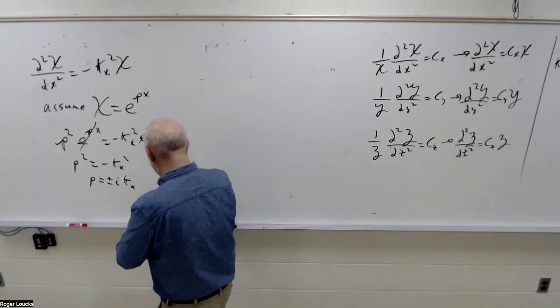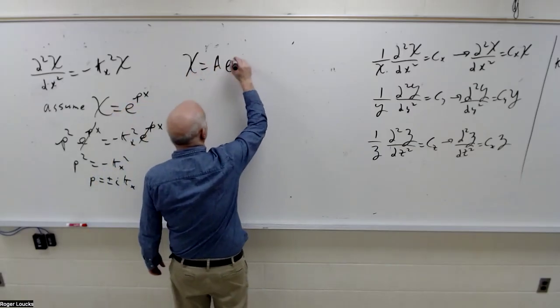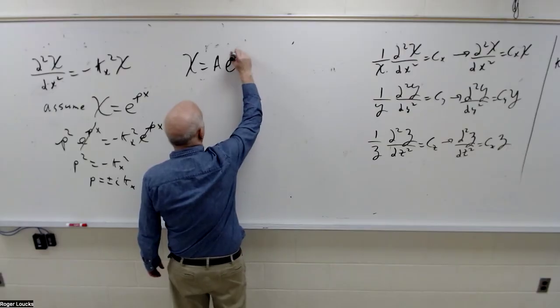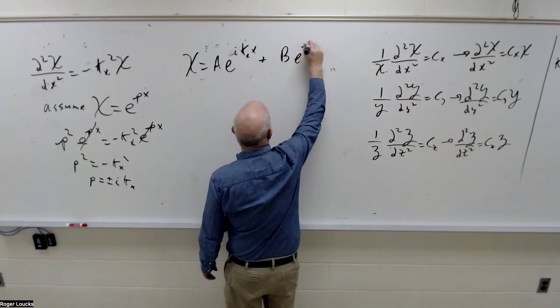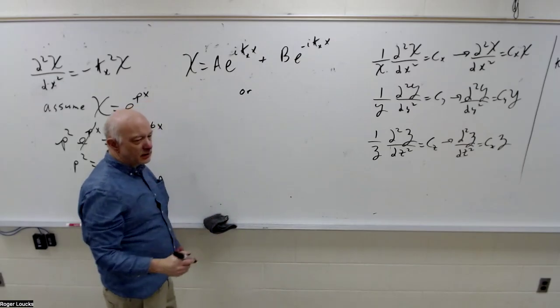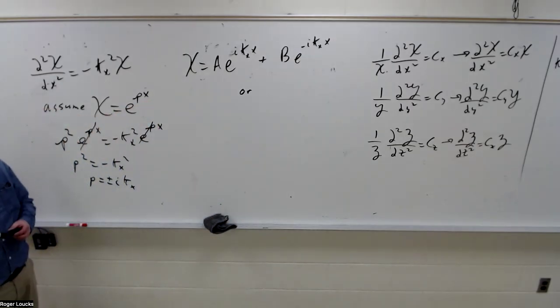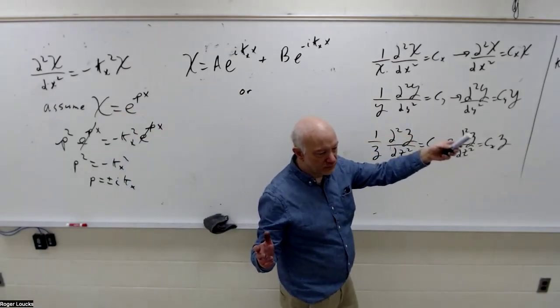So if I write this down, I can say that my chi here is going to be some A e to the i kx x, plus B e to the minus i kx x. Or I think we had another friendly way to write this. What's another friendly way to write this? Now, if you have an e to the i something, what do you think of?